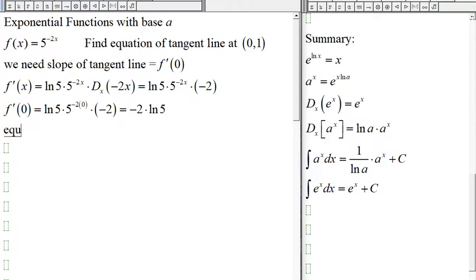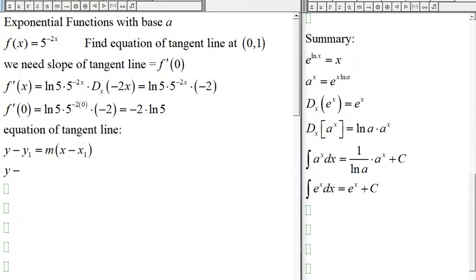And then the equation of the tangent line. We have the formula y minus y1 equal to the slope, and then x minus x1.